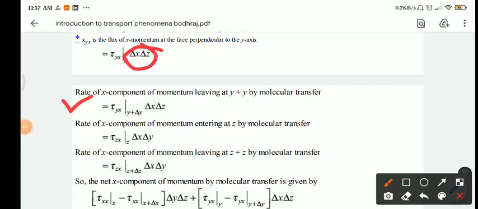Similar x component y direction ની અંદર y plus delta y out થાય છે, leaving out. So it is tau yx at y plus delta y and delta x delta z. Then next, similar for x component in z direction and z plus delta z.